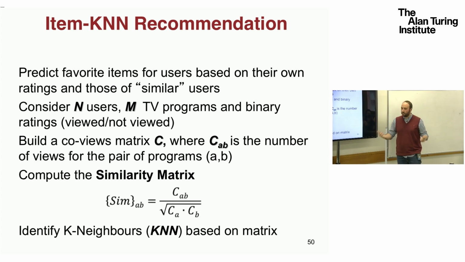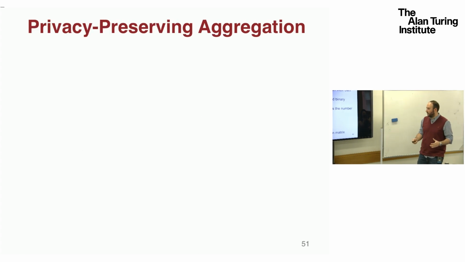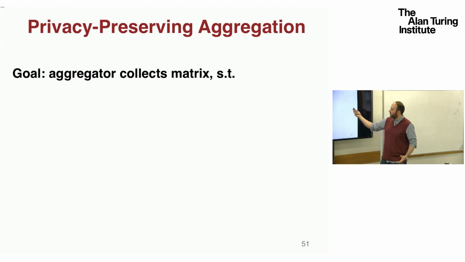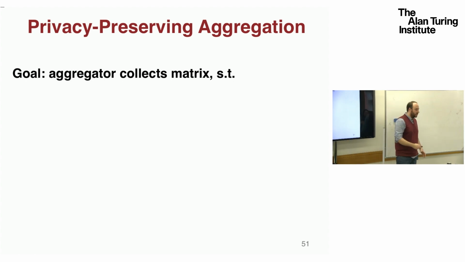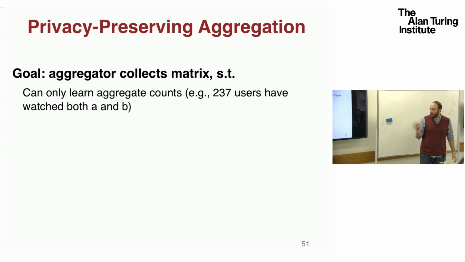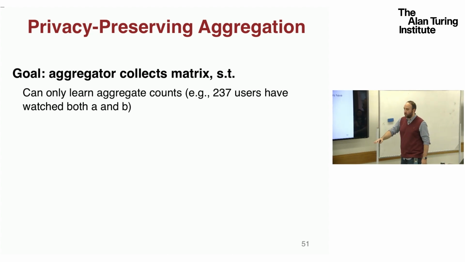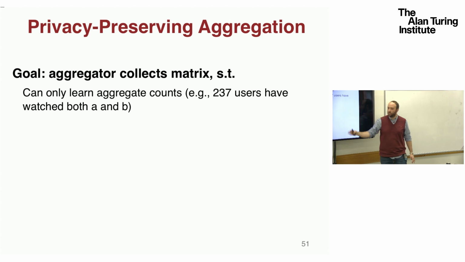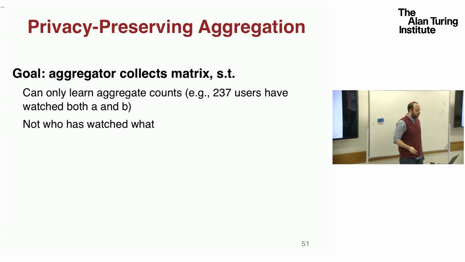But in a privacy-friendly way, we don't have this view, so we have to build it by privately aggregating in the following way. You have an aggregator that will only learn the aggregate counts, for instance that 237 users have watched both Sherlock Holmes and Doctor Who, but not who has watched what. How can we do that?